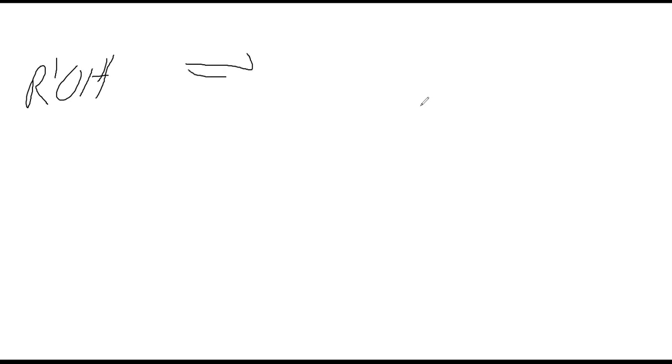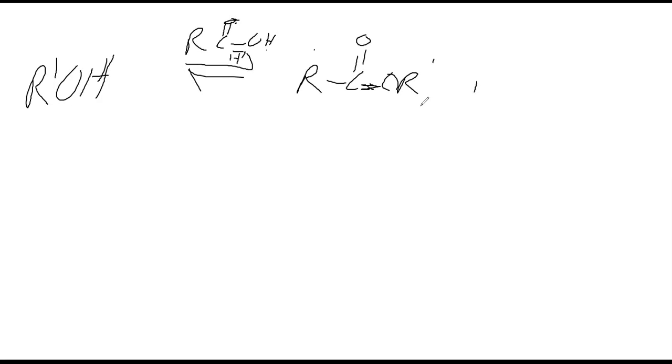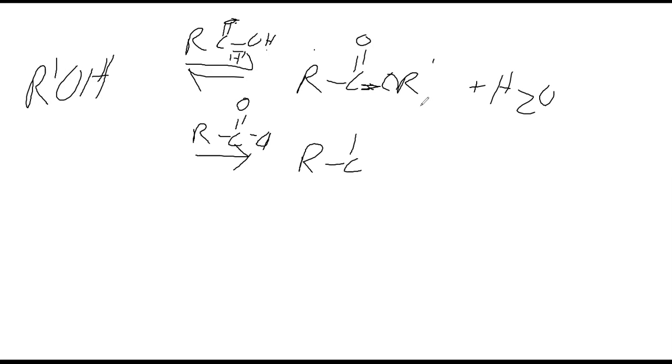So if I do this in the presence of a carboxylic acid and a proton, I can possibly force this to completion. Oftentimes water is a byproduct, in this case H2O. If I do it with acid chloride, I can do it irreversibly. Acid chloride forms HCl as a byproduct.